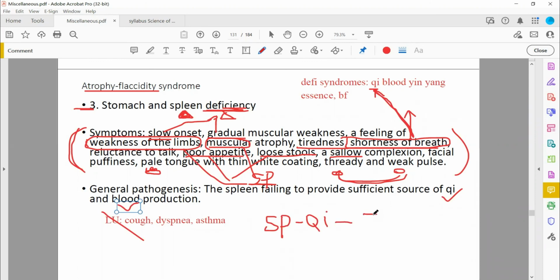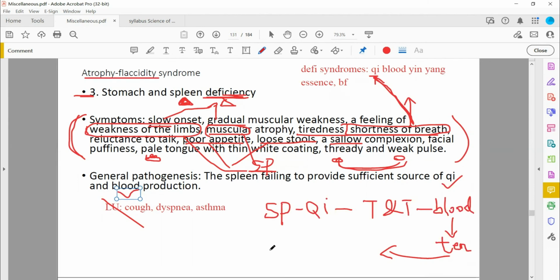Then the transformation and transportation function is not good. Then there's blood deficiency, and this blood cannot nourish the tendons, then leading to atrophy flaccidity syndrome, right?